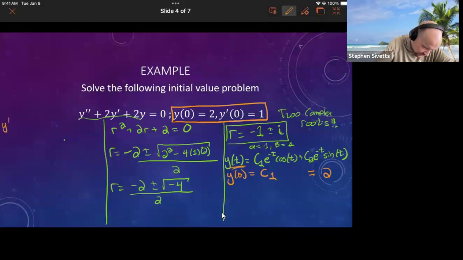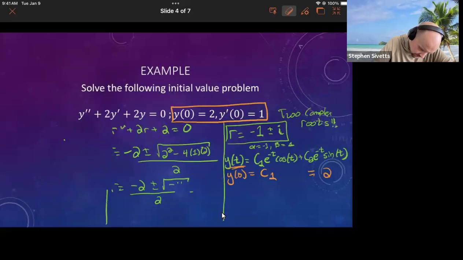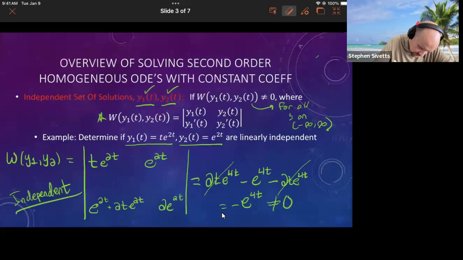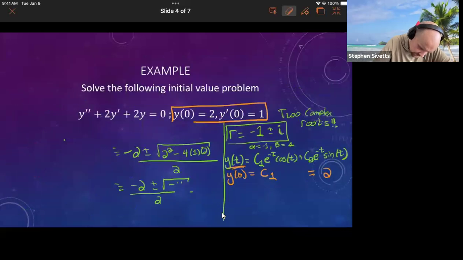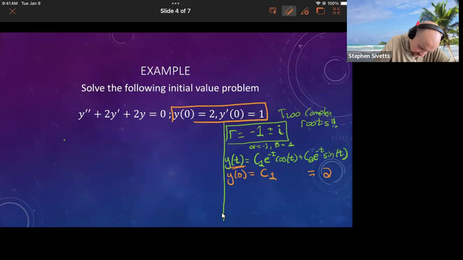That will involve taking the derivative of the general solution. So I need some more room in order to write this out. I appreciate the patience. Now what we have to do is differentiate the general solution.